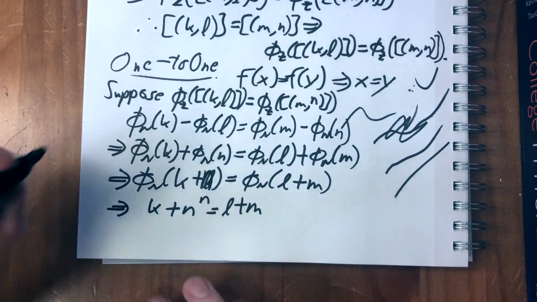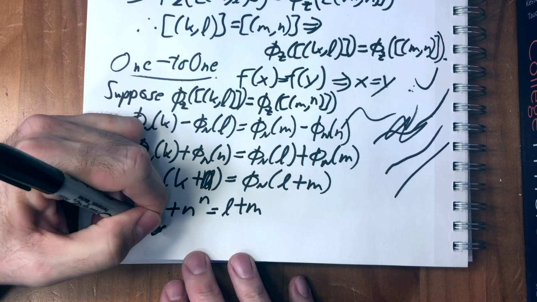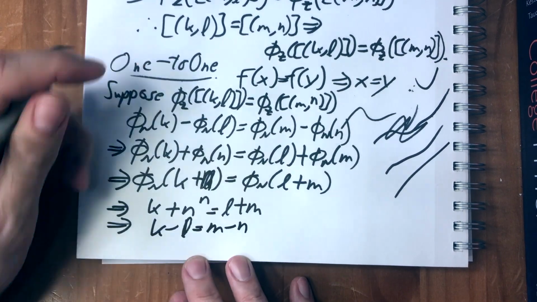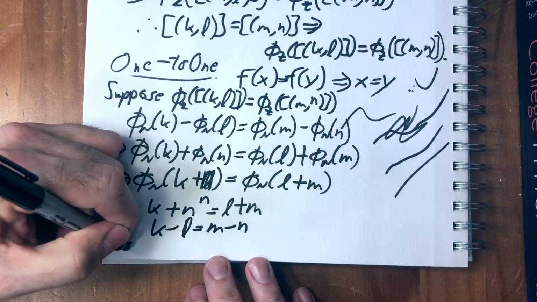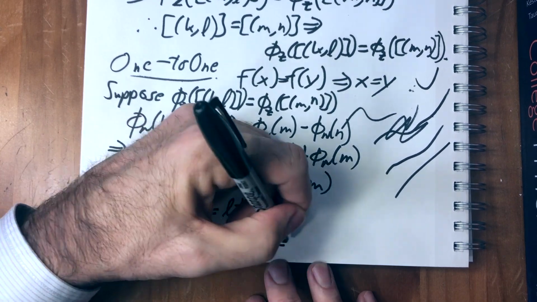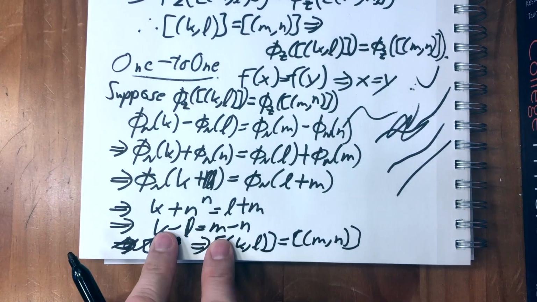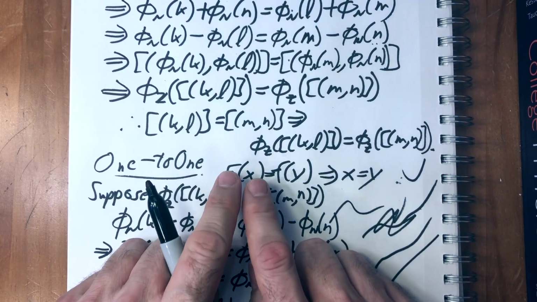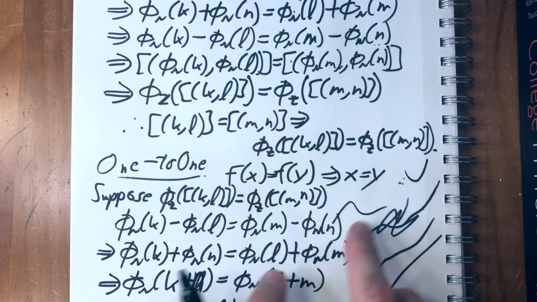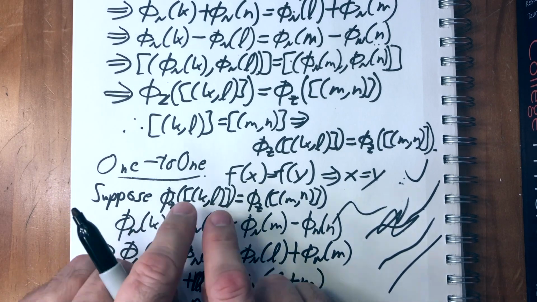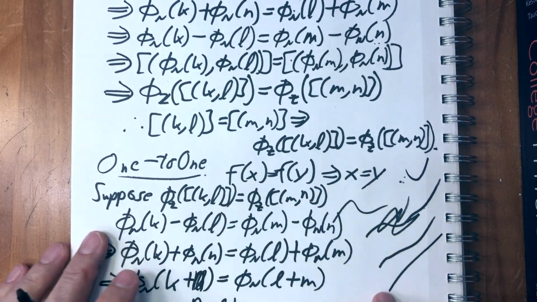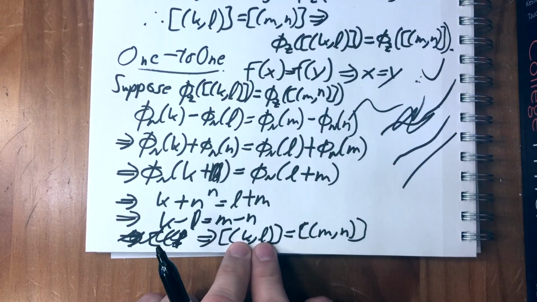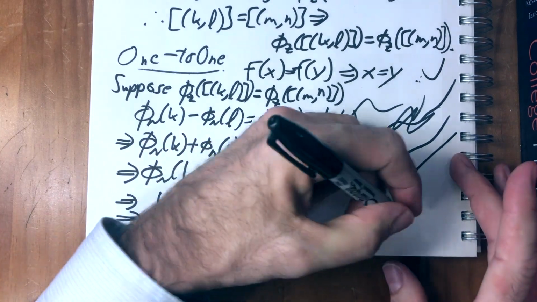Then we can rearrange these again. That means that k minus l equals m minus n. This is the definition of k comma l equals m comma n, right? That's just the definition. So that proved it, because we needed to show that if f of x equals f of y, then x equals y. So we had phi z of kl equals phi z of mn, and we concluded that kl equals mn. That's it.